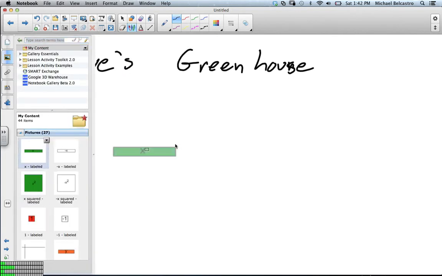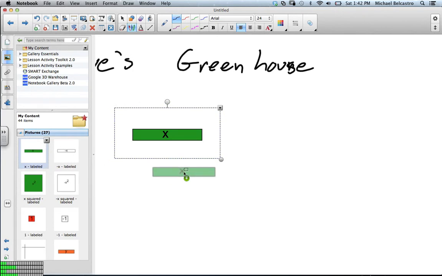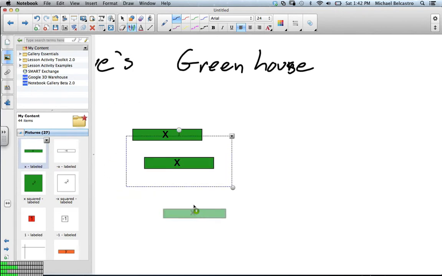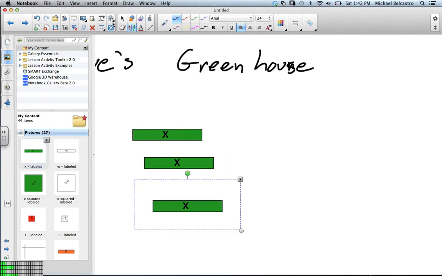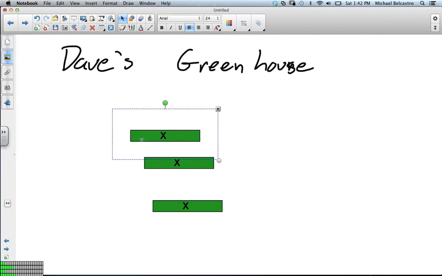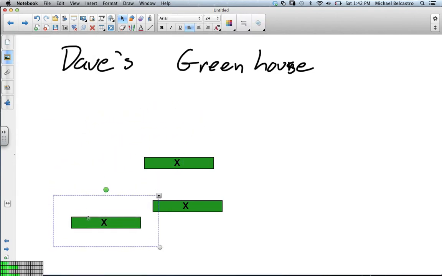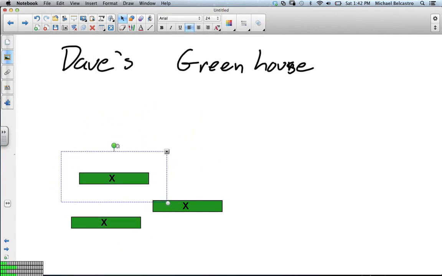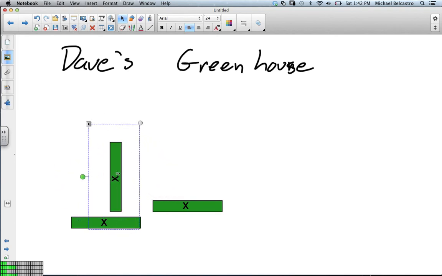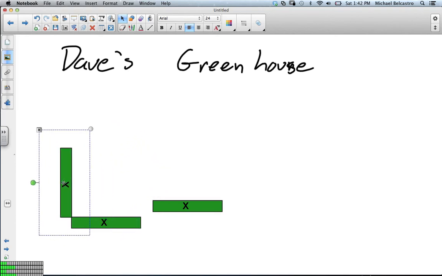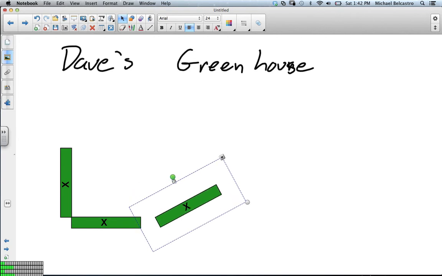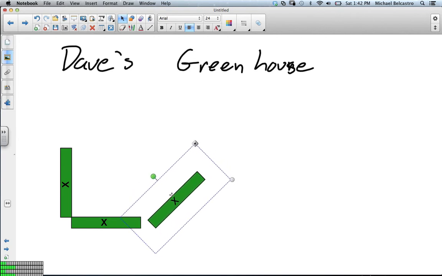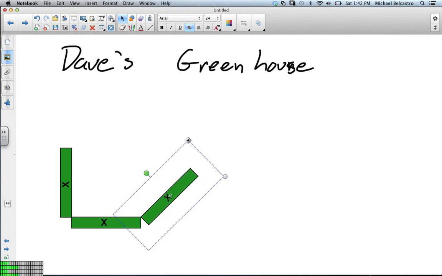Let's see. Dave, again, is a very indecisive person. Doesn't know how big he's going to make his greenhouse. He knows it's going to have a base. It's also going to have a height. It's going to have something else to it too. Well, he's decided that he wants this to be a cube.